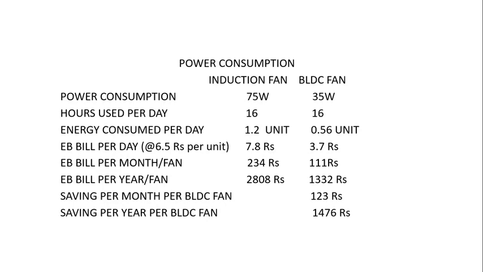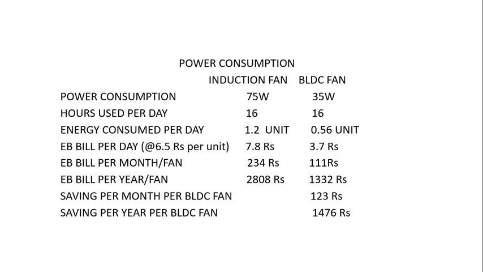Let us assume EB bill is 6.5 rupees per unit. It is an assumption. So for this assumption, induction fan takes 7.8 rupees, whereas BLDC fan we spend only 3.7 rupees. So per month if you calculate, it is 234 rupees versus 111 rupees.